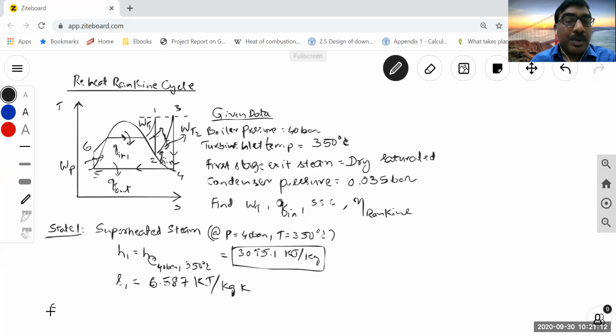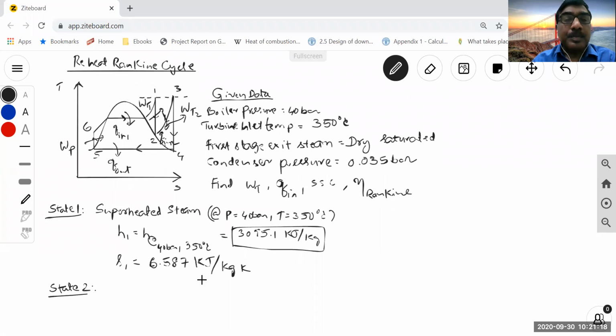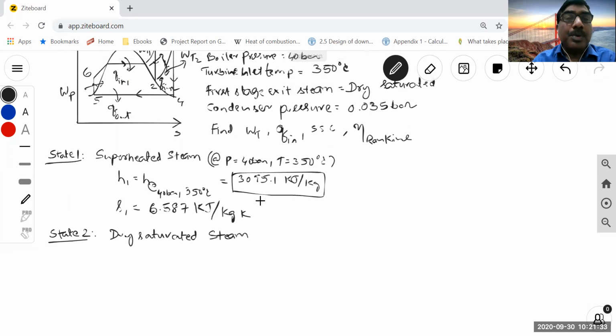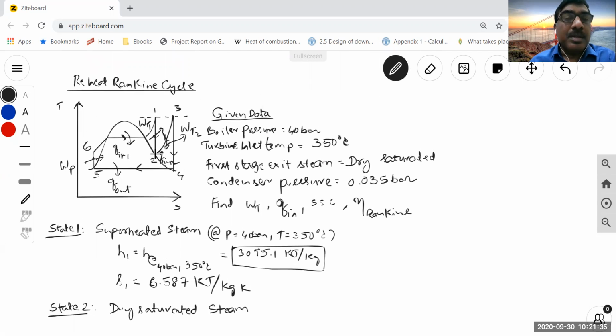Now find out at state 2. What is the state 2? The state 2 is clearly mentioned as dry saturated steam. We don't know what is the pressure and temperature at this particular point.